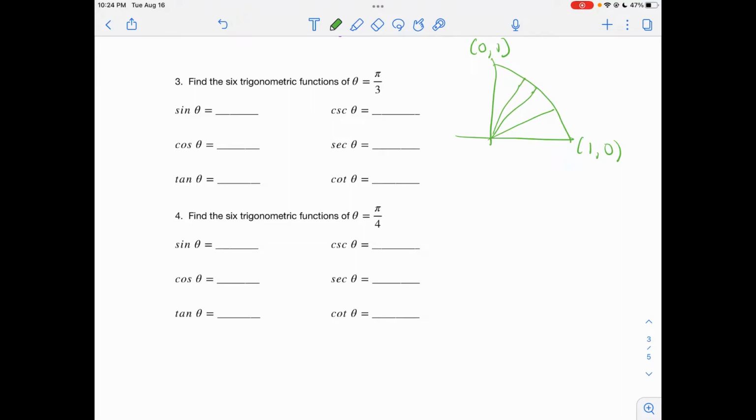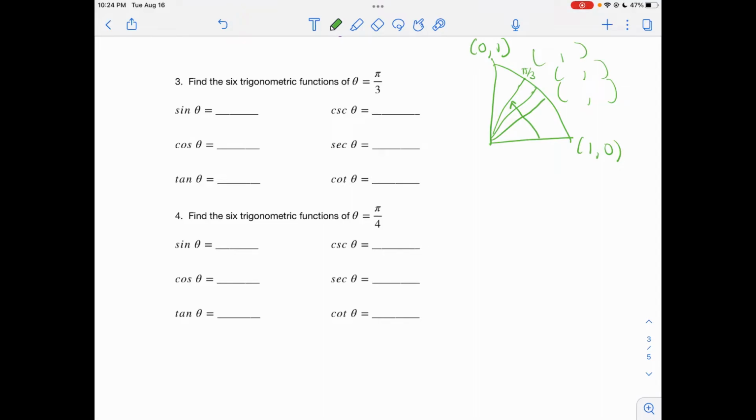And pi over 3 is here at, oh, 60 degrees. Sorry, I wrote that wrong. Here's your pi over 3, or 60 degrees. So I need to figure out my ordered pair for that.